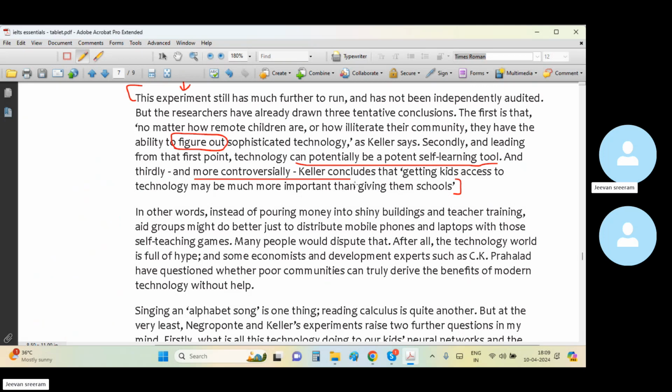Is there any idea that technology is not as difficult as the people thought? Yeah. So that's actually true in case. See, sir, secondly, Killer says, the leading from the first one, technology can potentially be a potent self-learning tool.